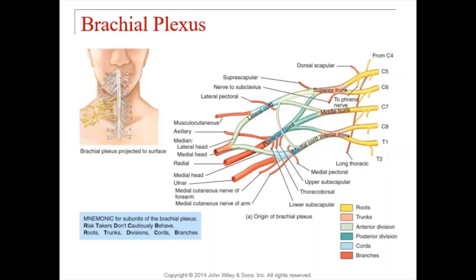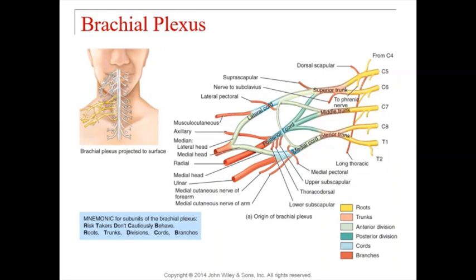Same side, the half that's on the same side as fingers 1 through 3. And then your ulnar nerve is doing the same thing for finger 5 and half of finger 4. The ulnar nerve can provide motor and sensory function to your pinky finger and half of your ring finger.